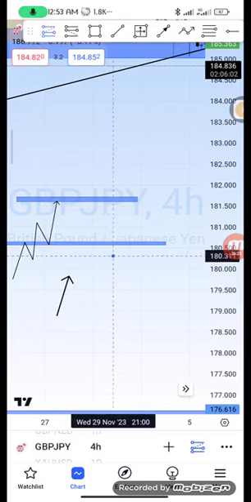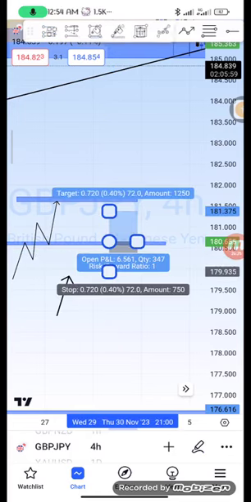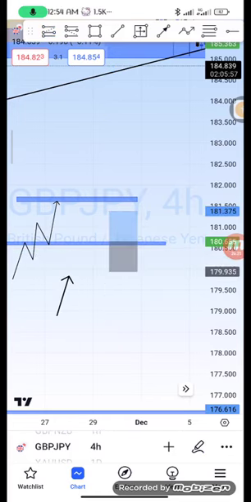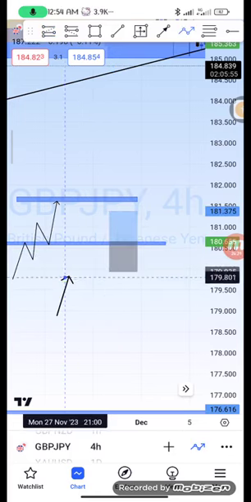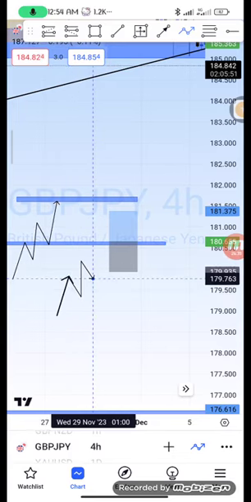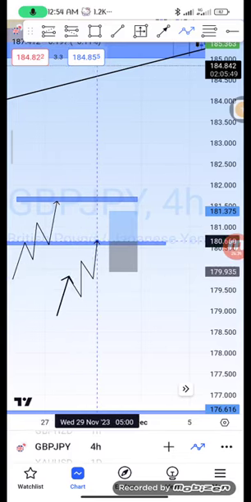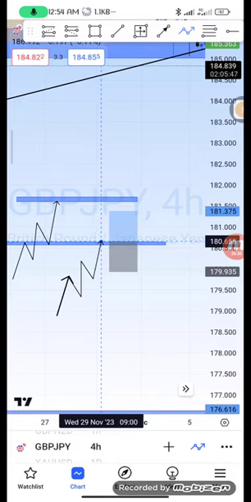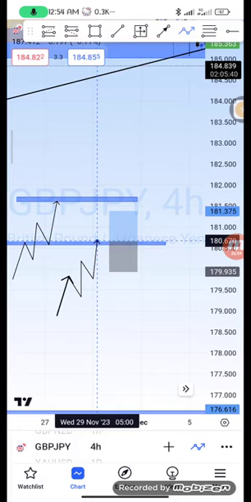You already put it there that you want to enter the market from here, and the market is way below here. So as the market is moving, you use the buy stop. Once it breaks above, you are buying at a higher price than the current price. I don't know if you guys are getting my point there.